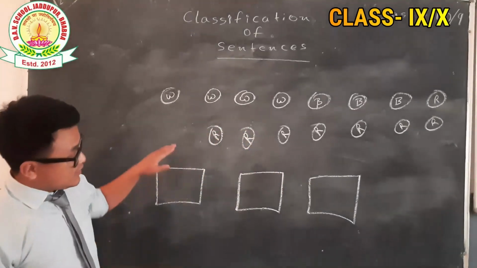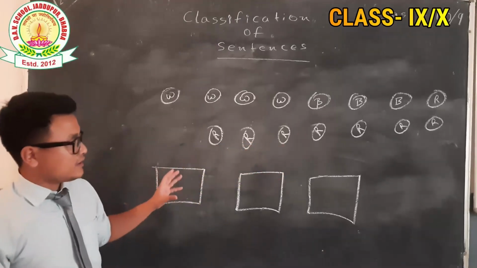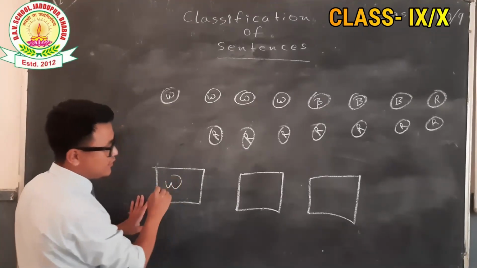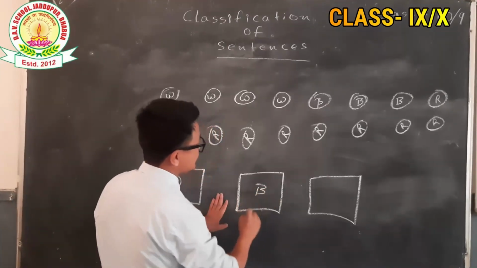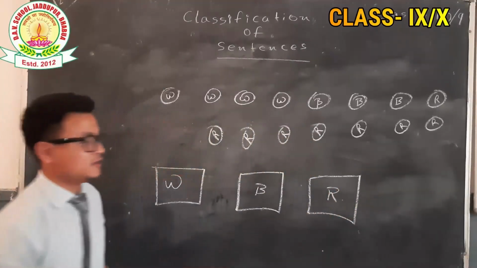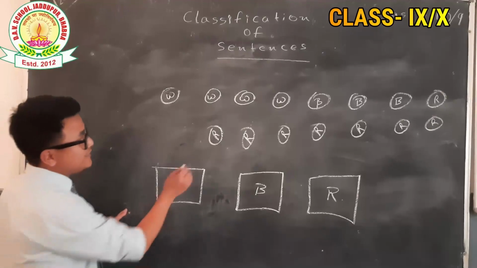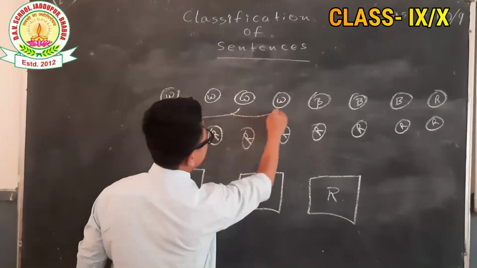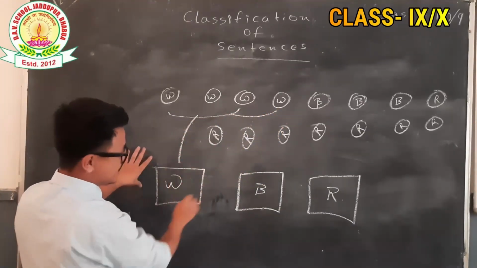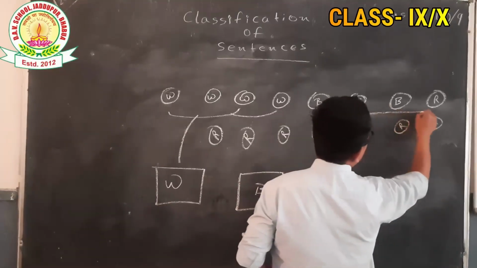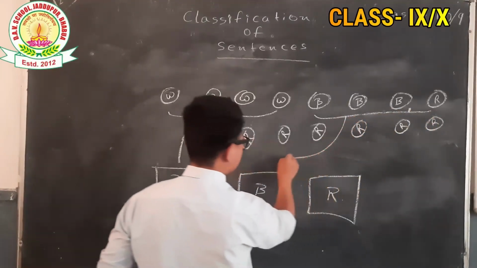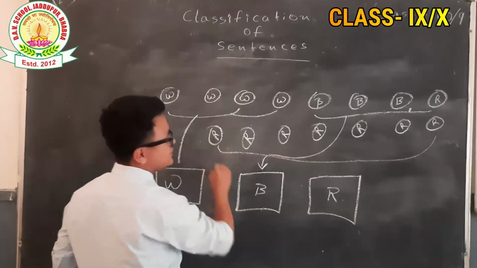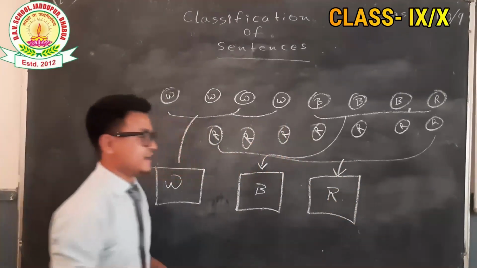Then what we will do is put all these colored balls in different boxes, indicating that in this box we have white balls, in this box we have black balls, in this box we have red balls. And according to that, we will put all these balls inside. For example, white will go into this basket indicating white. The 3 balls which are black will be put in the box indicating black, and these 8 other balls will be put in the box indicating red.